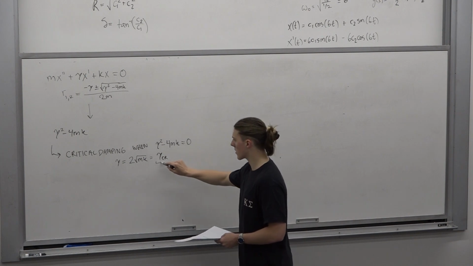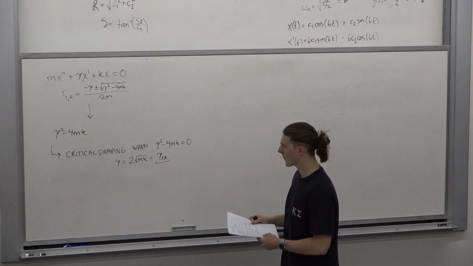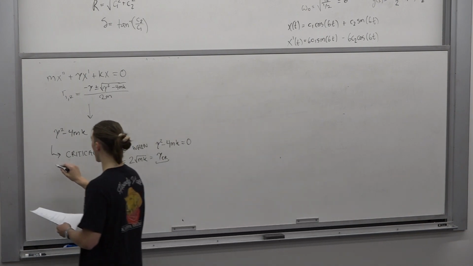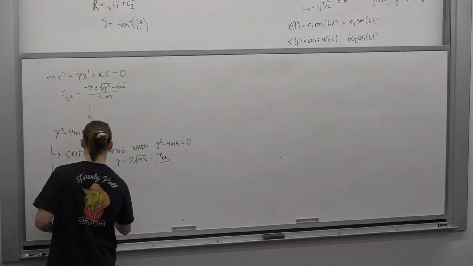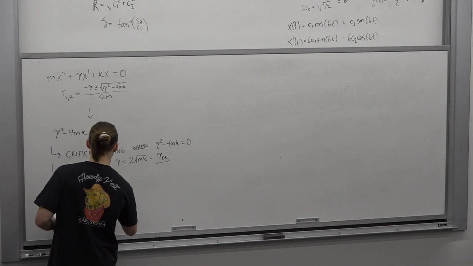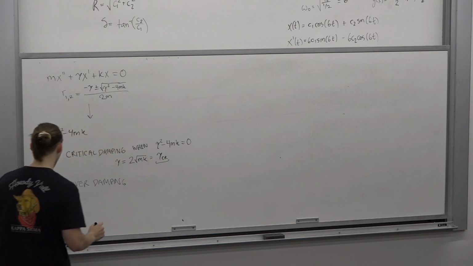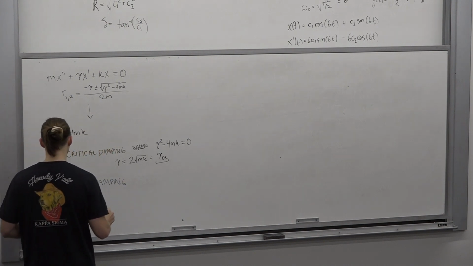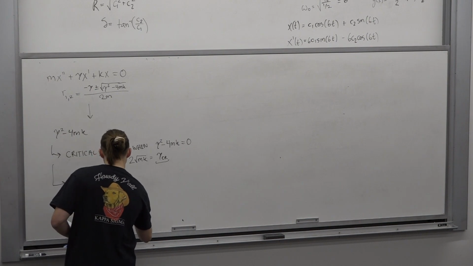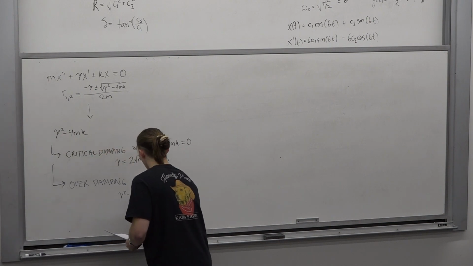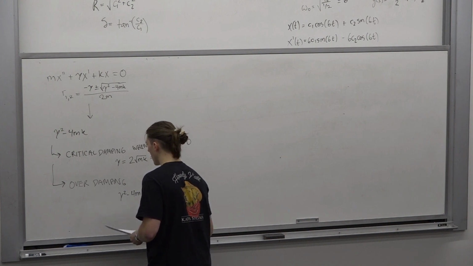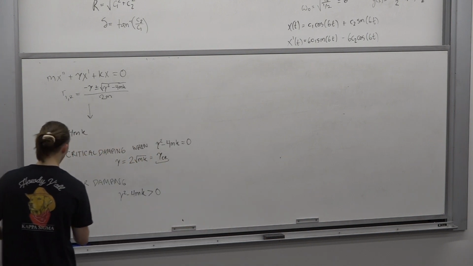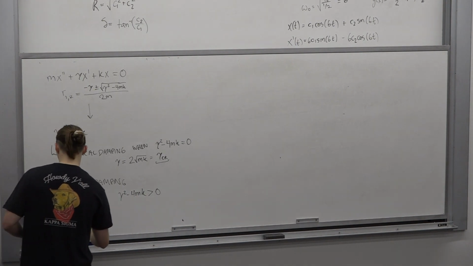That's just what this term is called right here. We also have overdamping, and this happens when gamma squared minus 4mk is greater than 0. And finally, underdamping.